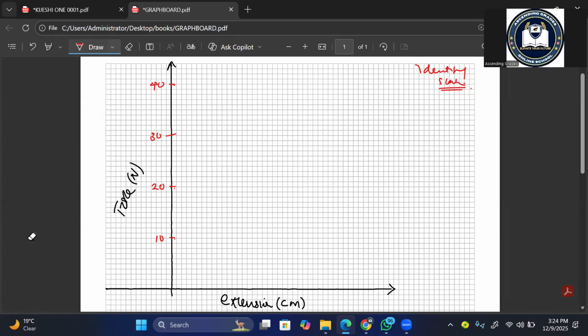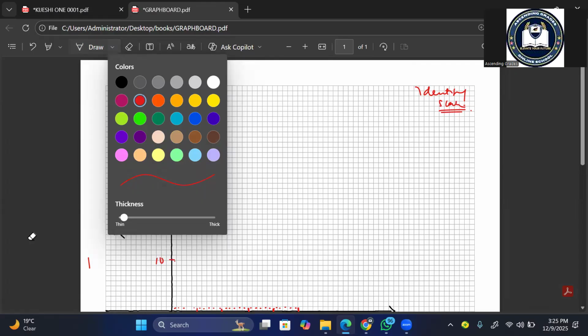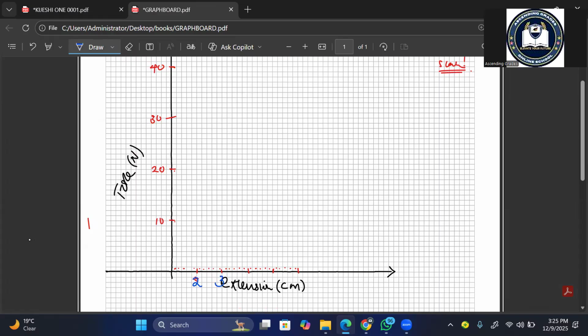So this one will be my 2 centimeters. Then 4, 6, 8, and probably that one can become the 10th.